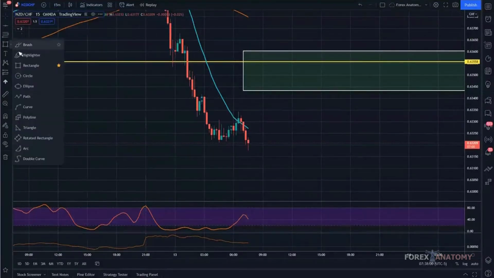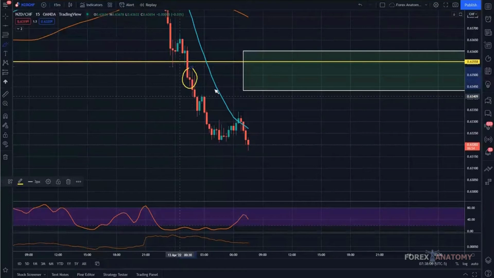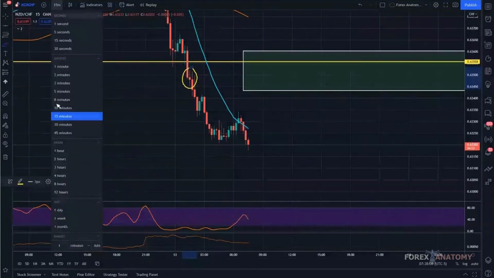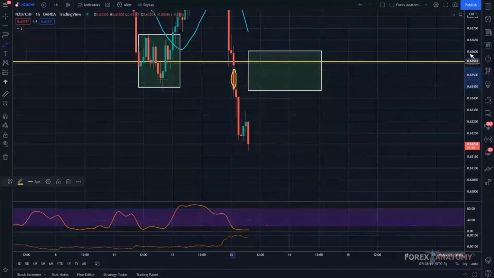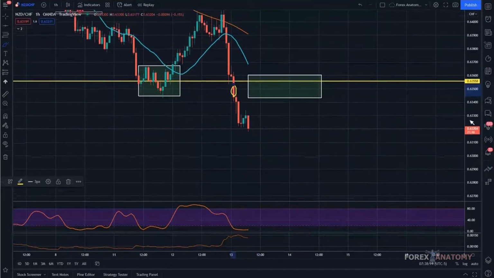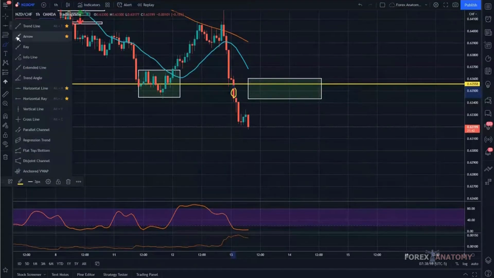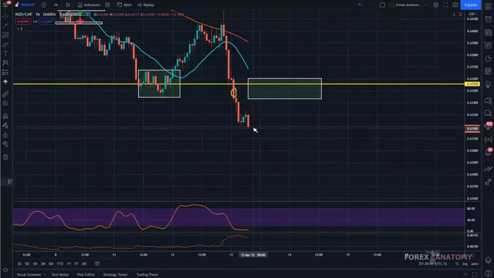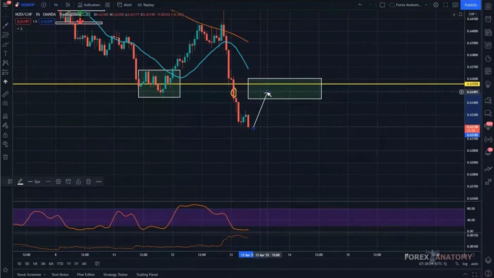We do see sort of like an indecision candle right around here with this doji candle. So that's something to take note of. But for the most part, we're looking for a sell if price could retrace up to this particular area right here. So, we'll see. We may not get that retracement, but if we do, we'll be looking to sell as soon as price reaches this area.